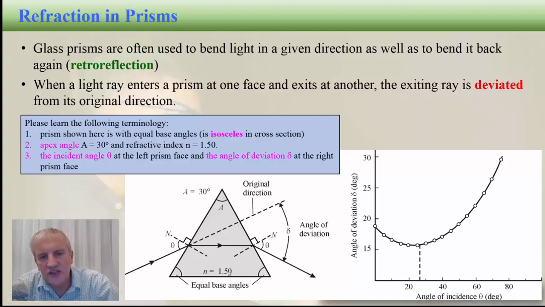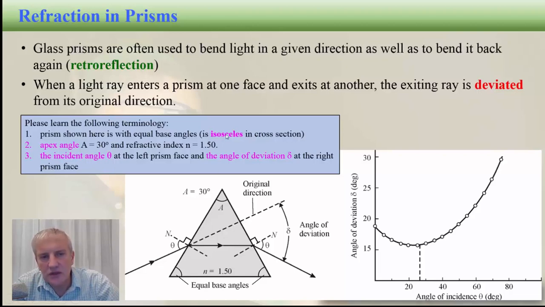So two out of these three angles in the case of an isosceles prism are equal to each other. So these two angles here, you can see them down on the bottom, this one and that one there, they are equal to each other. Those are so-called base angles. The third angle does not have to be equal to the other two. So we just have to have two out of three angles equal to each other, and that's the condition for the prism to be considered a so-called isosceles prism.